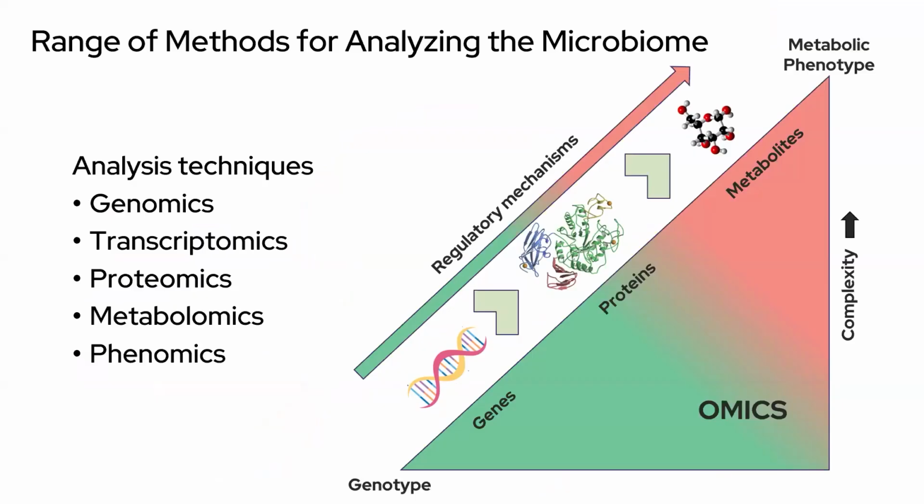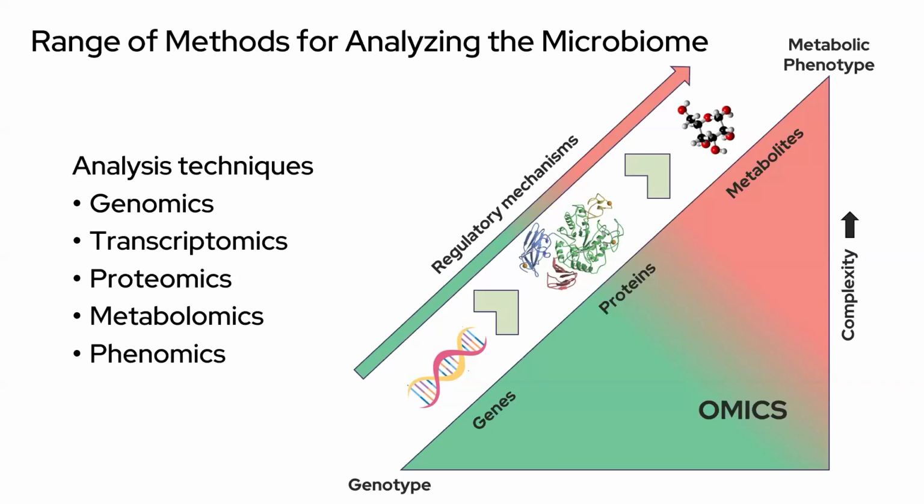A range of omics techniques are used to study the gut microbiome, from genomic methods like NGS and 16S to transcriptomic methods and proteomics, as well as metabolomics, which rely largely on NMR and mass spectrometry. As we go up the ladder, there are more regulatory mechanisms, meaning that a change in the genes may not correlate with the phenotype.